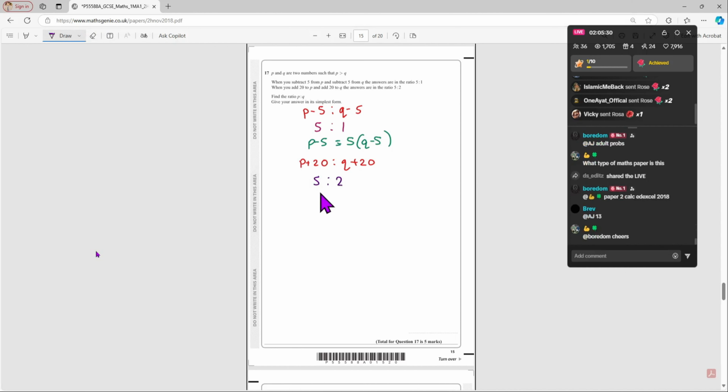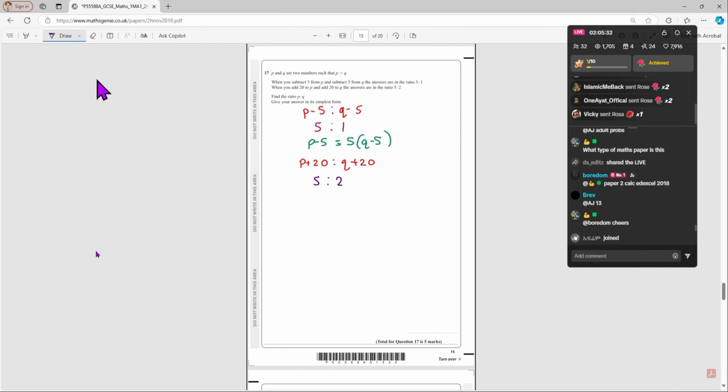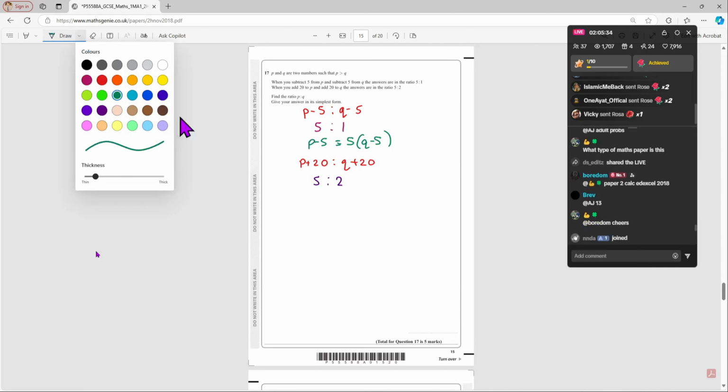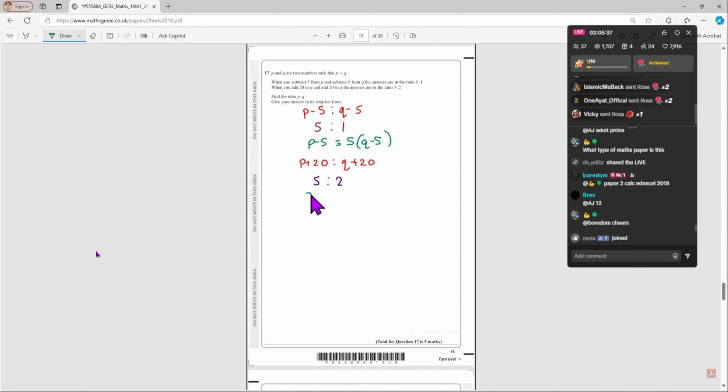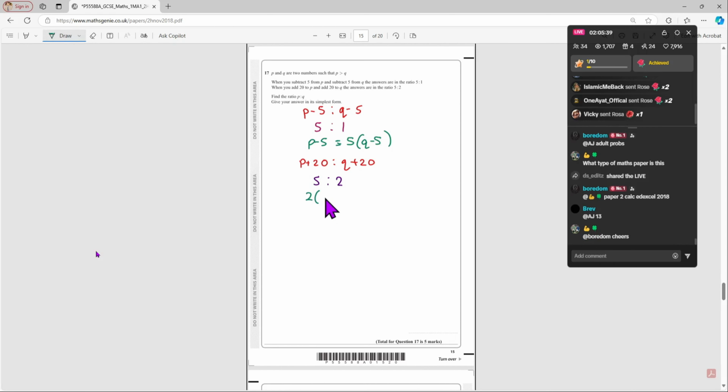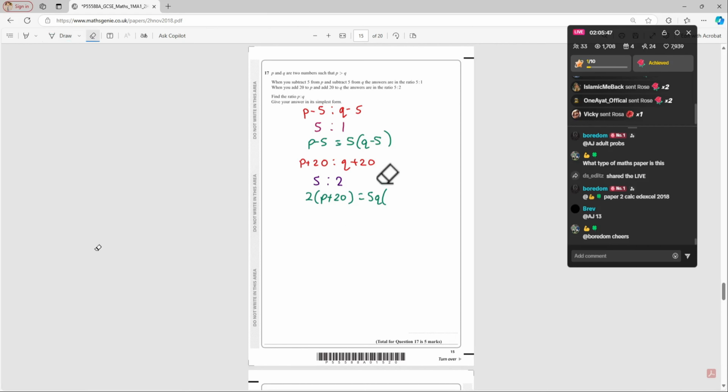Now we're going to cross multiply to get our equation. That is going to be 2 times (P plus 20) is equal to 5 times (Q plus 20) as well.